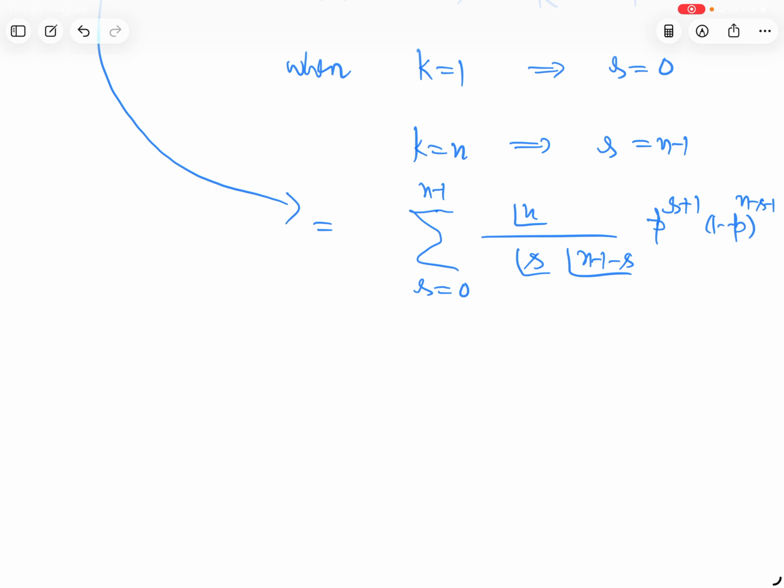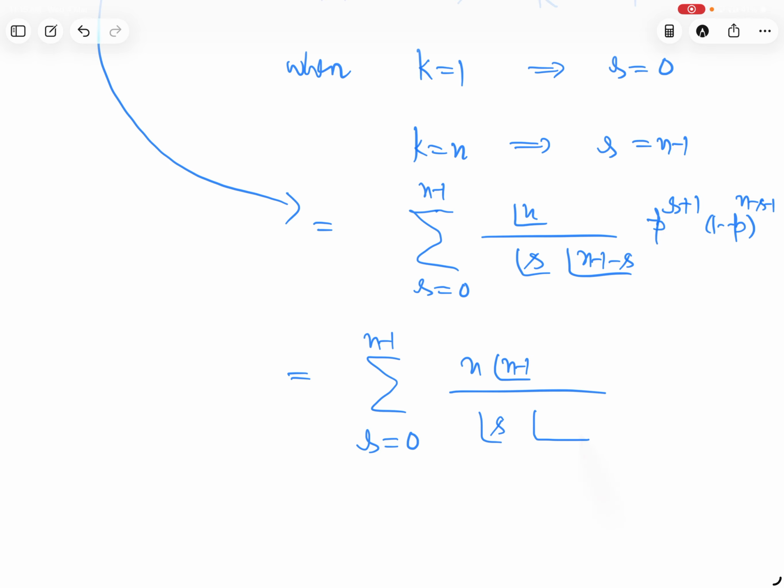Okay, so p I can take outside. Factorial n I can write as n into factorial n minus 1.